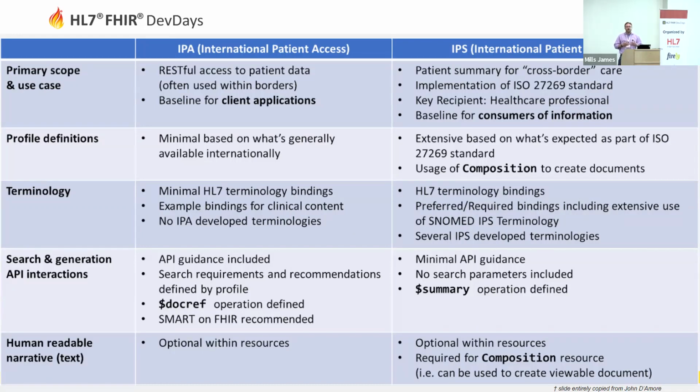It describes RESTful access, so we actually prescribe RESTful access in IPA to patient data. It's used more within a border, within a country, is where we hope to see deployments of IPA. Patient summary is used across borders. It's used as a way for a snapshot of a patient's health data to be transmitted or carried.